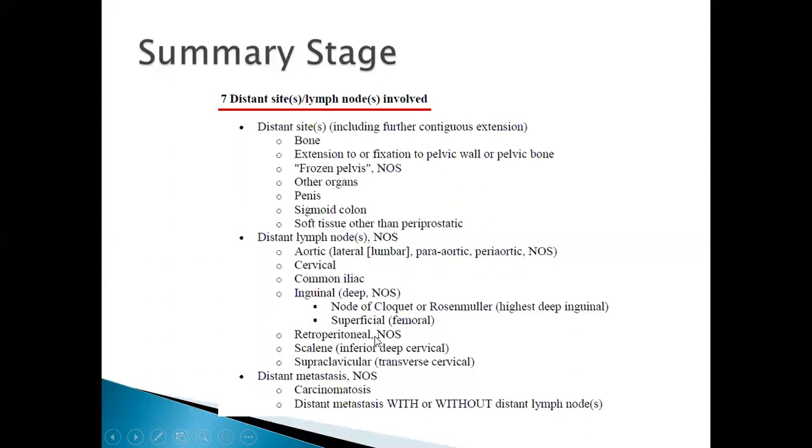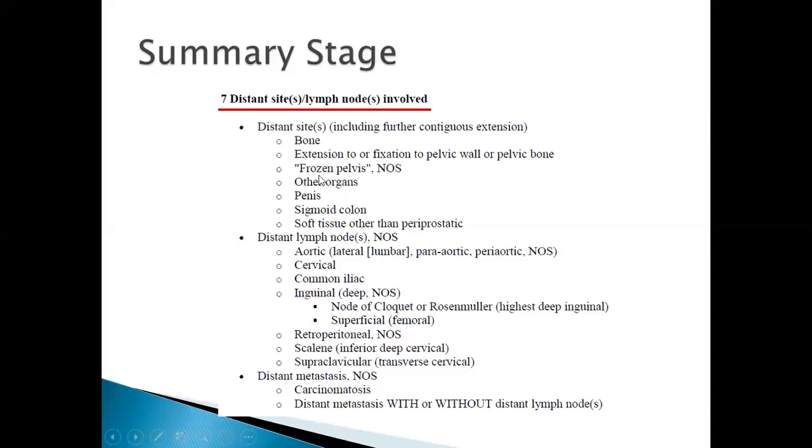All other sites and organs such as bone, liver, lung aren't listed, okay? Remember that not all the distant sites are going to be listed under summary stage 7. So just remember that everything is not going to be listed here, okay?